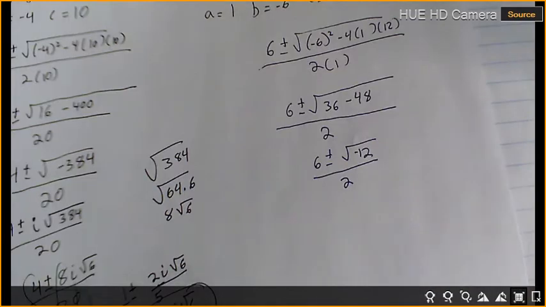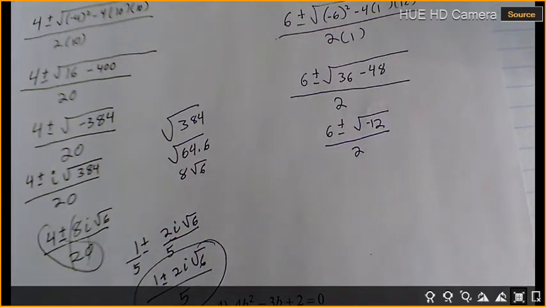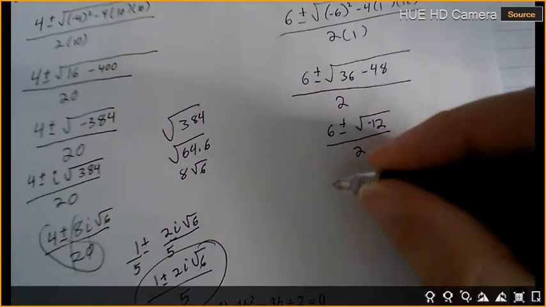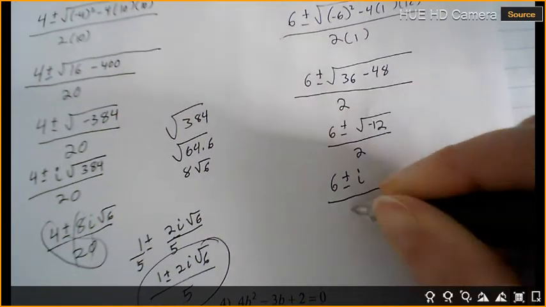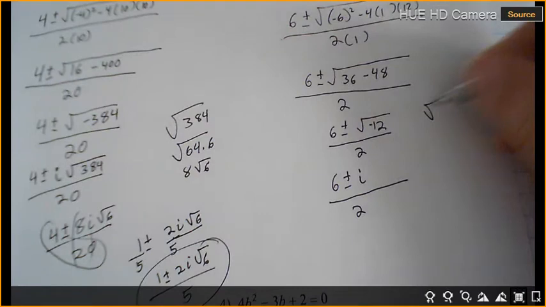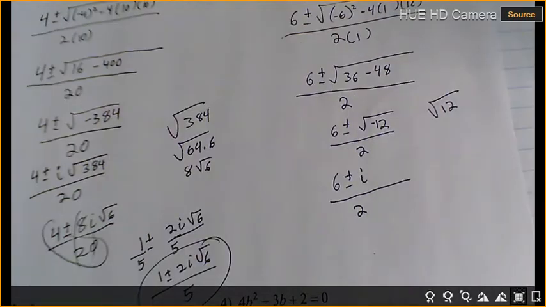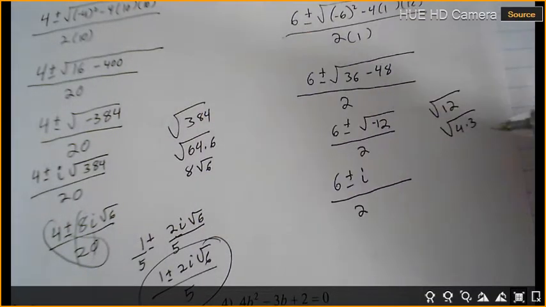Okay, so we've got a negative inside my square root again. So we can take out that negative, but then we have to put an i on the outside. Okay, now what two numbers multiply to give us 12 where one is a perfect square? 6 and 2, neither of them are perfect squares. Nope. 4 and 3. And the square root of 4 is 2.